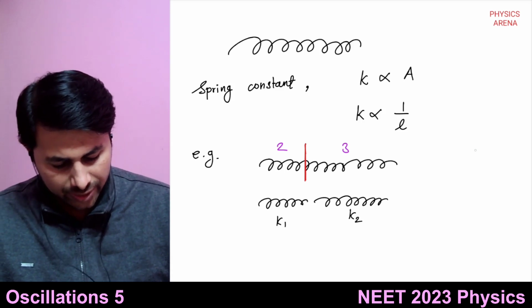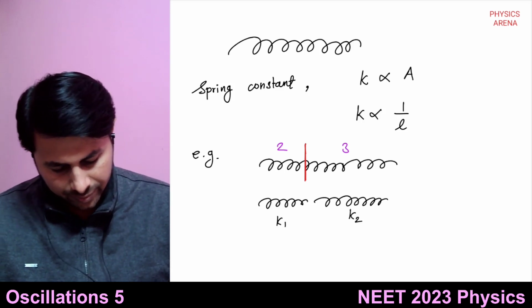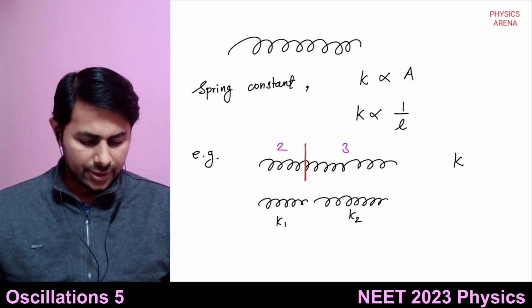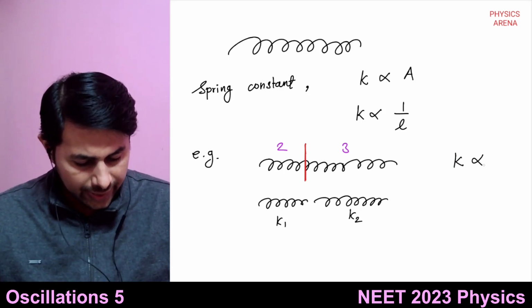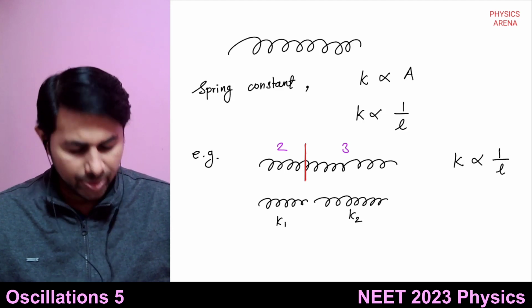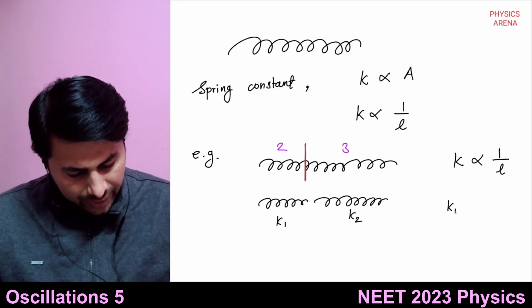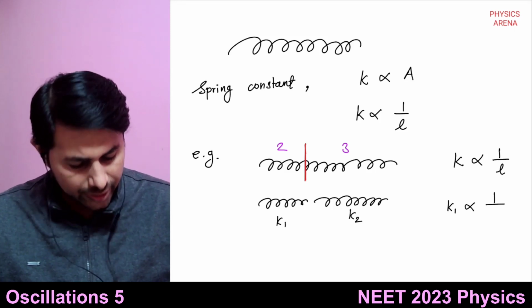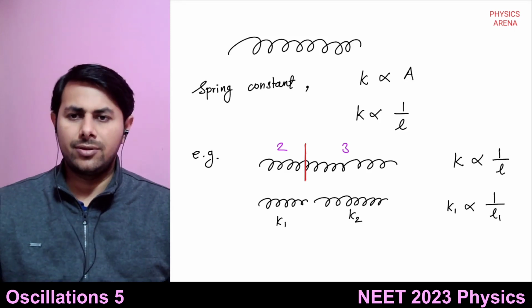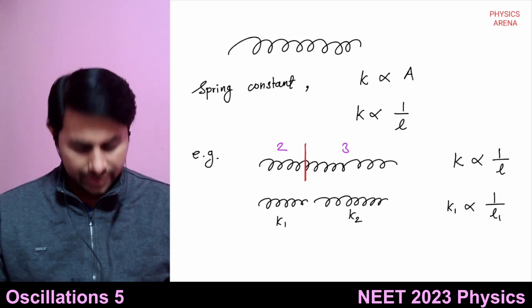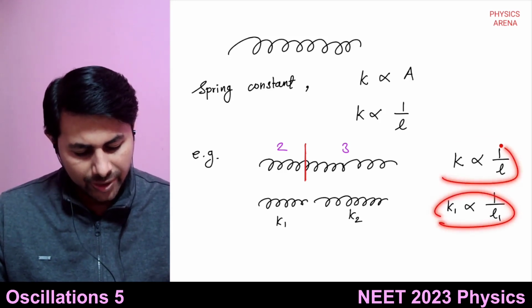Initial spring constant is K. Then you can say K is inversely proportional to the length. So K1 is inversely proportional to L1, right? So you can divide the second equation by the first equation.